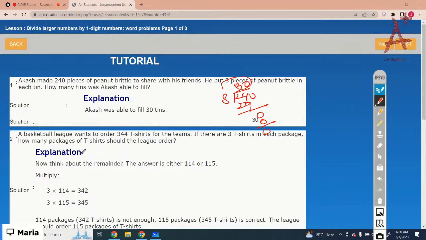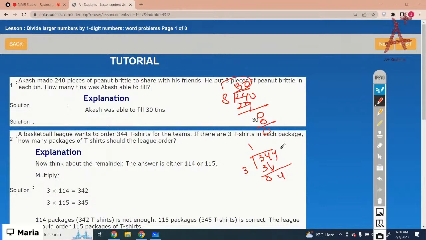The next one is a basketball league wants to order 344 t-shirts for the team. If there are three t-shirts in each package, how many packages of t-shirts would the league order? That means you have to divide 344 by 3. Got it? 3 times 1 is 3, 0.